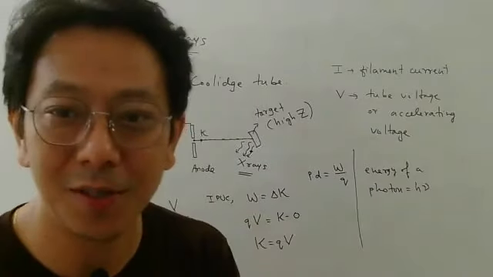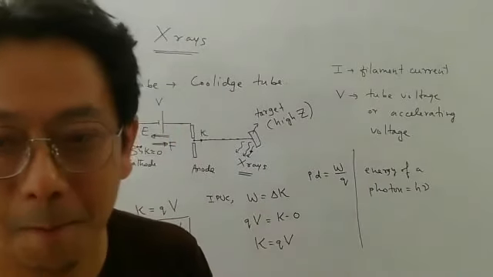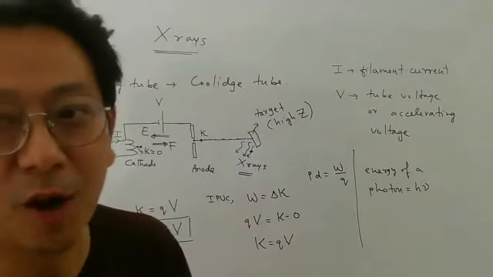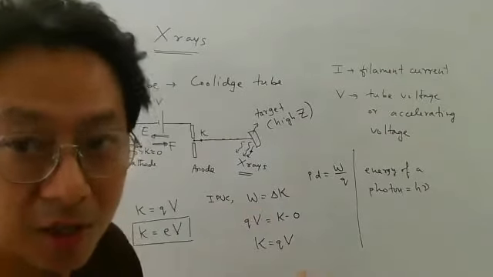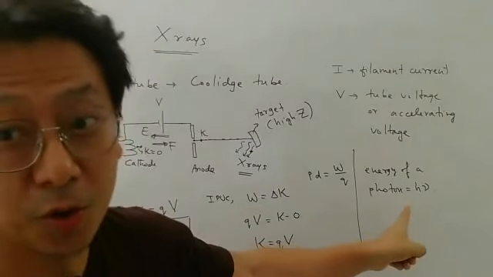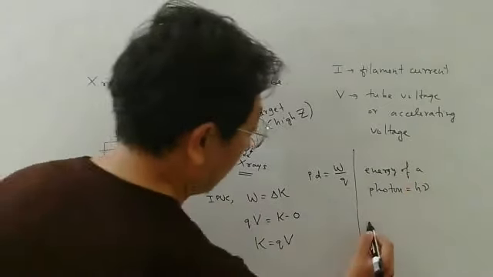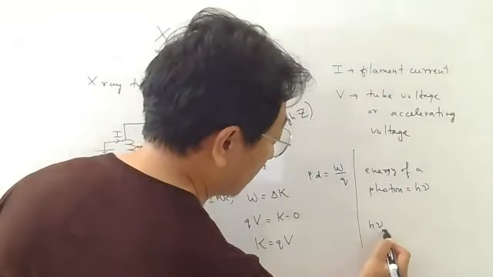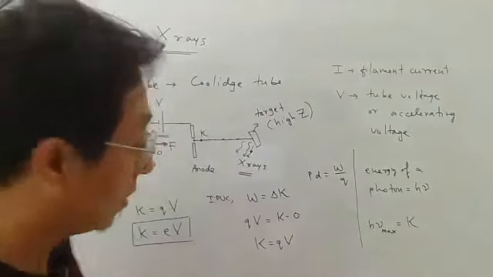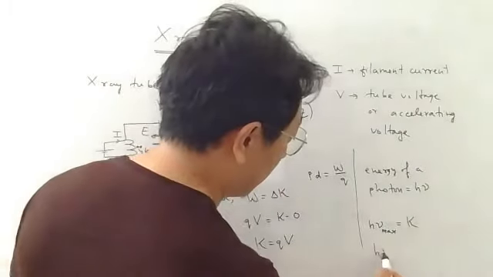If I have 100 rupees, maximum I can lose 100 rupees. So if it has this much kinetic energy, maximum how much energy can it lose? This much only. And that will go into what? Maximum energy of photon. So h nu max will be equal to K. And K is equal to what I told?